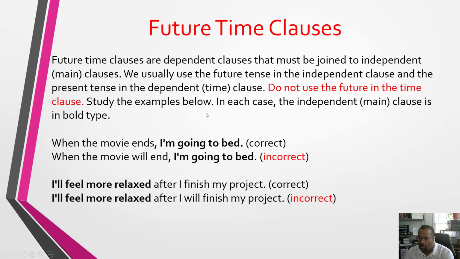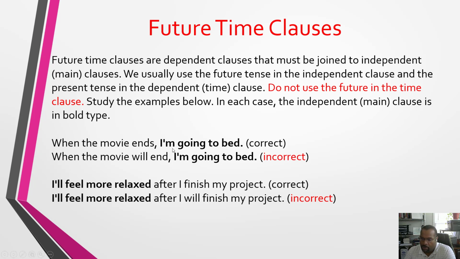Study the examples below. In each case, the independent or main clause is in bold type. So here's a correct way of saying this. When the movie ends, comma, I'm going to bed. Ends is our present tense.